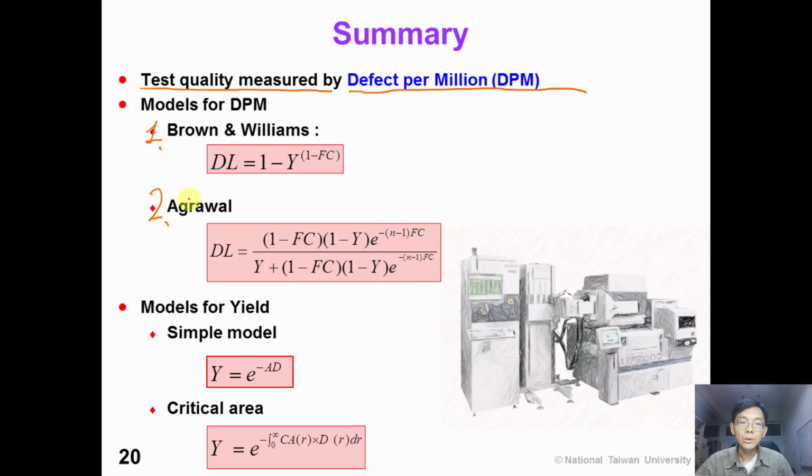And the second model is a gross model, which requires an additional parameter, N. We also introduced 2 models for yield. The simple model, which is exponential minus AD. The critical area model can be obtained using the critical area.